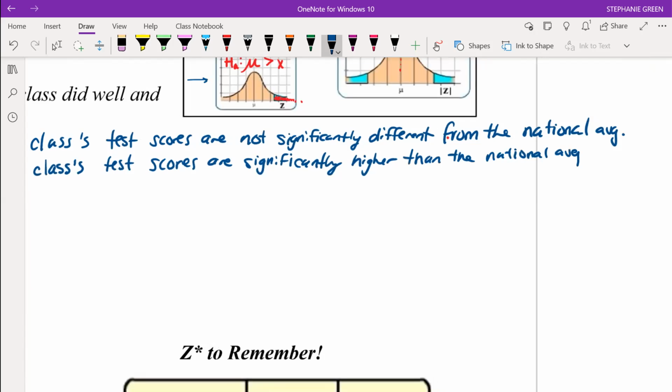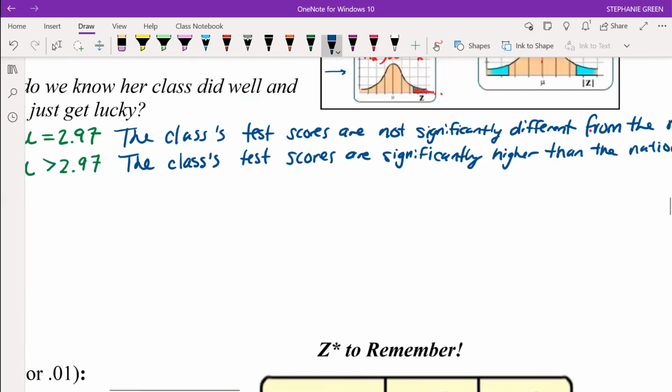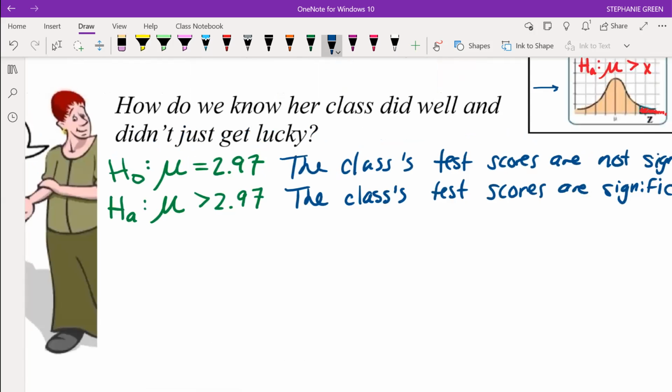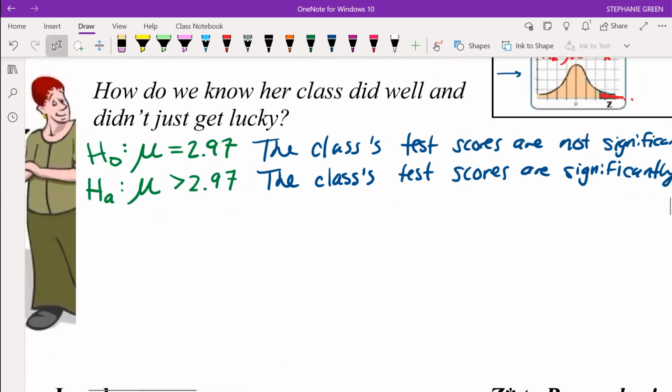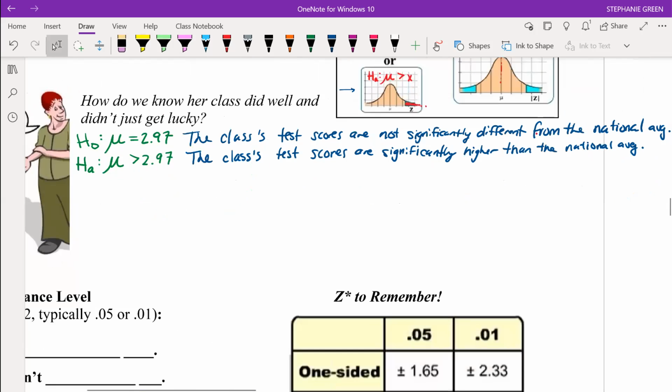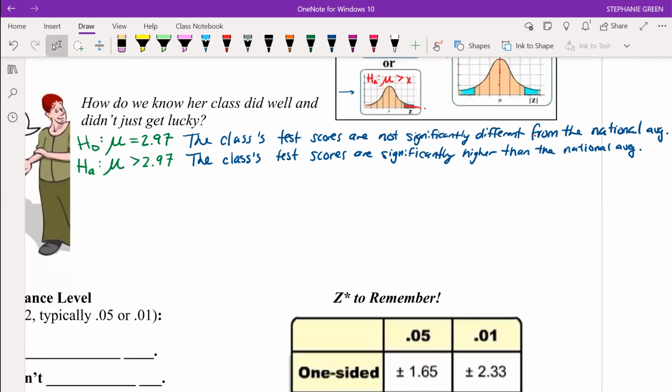So our goal here is that by disproving the null hypothesis, because the alternative hypothesis is the exact opposite, that would mean the alternative hypothesis is likely to be true. Okay, so that's step one.